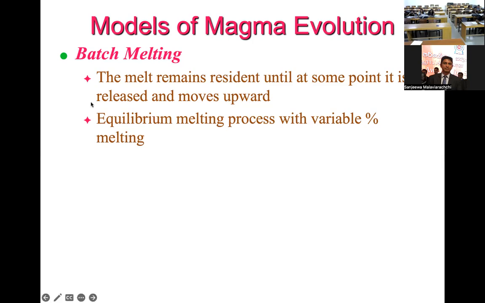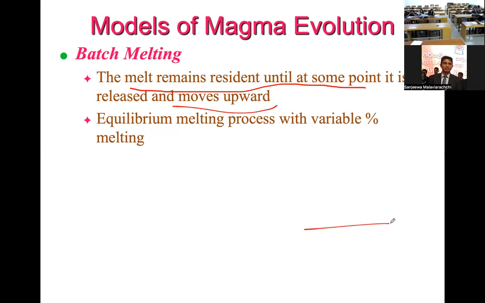Okay, so in the case of batch melting, I think we have briefly discussed this before. The melt remains resident until some point in time, when it can be released to the regions above.